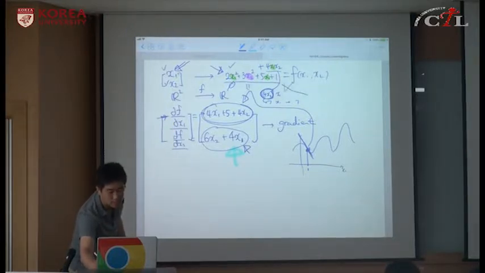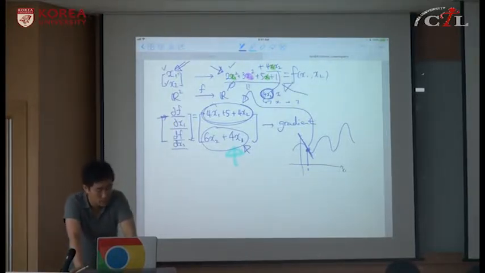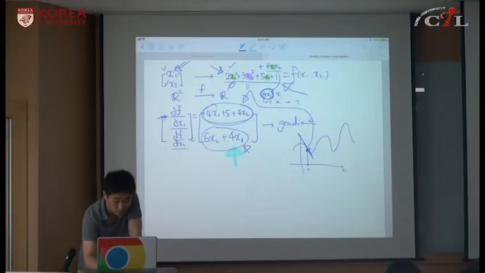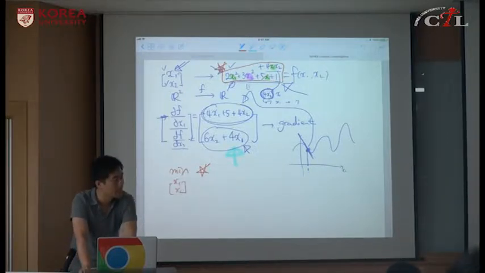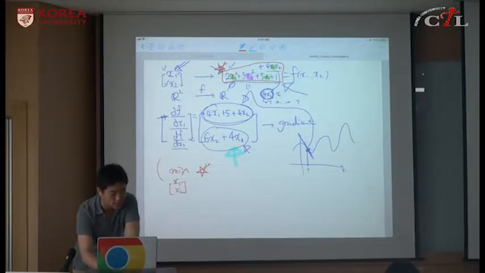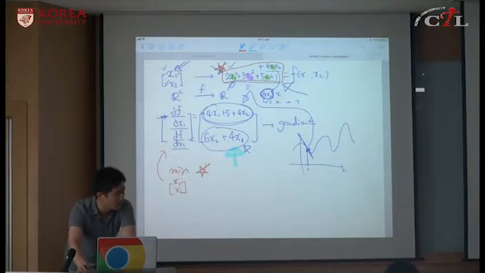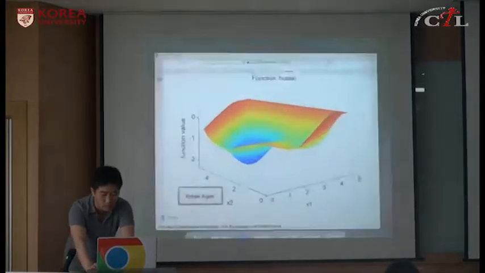How can we minimize this representation? Let's call this a star. And how do we minimize this star with respect to x1 and x2 as our input vector? In this case, how can we utilize the partial derivative that we obtained previously?